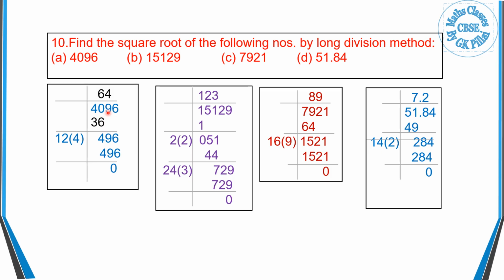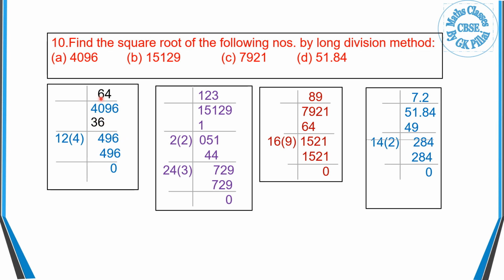You have to separate it into two groups in pairs, 40 and 96. Now 40, 6 sixes are 36. You have to count that way and decide any number whose square is less than 40. 6 sixes are 36. Subtract, you will get 4.